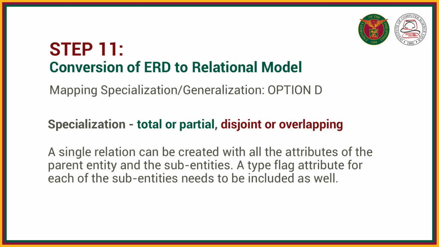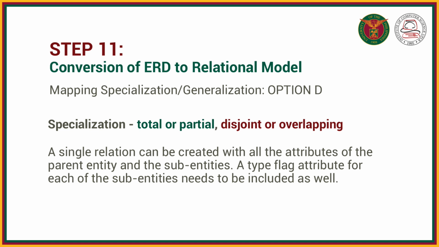Now, step 11 or option D. This specialization is applicable to total or partial and disjoint or overlapping, basically any specialization, similar to our first option. But this one is commonly used for overlapping, and you will see why. A single relation can be created with all the attributes of the parent entity and the sub-entities. That means we merge everything again into one relation.